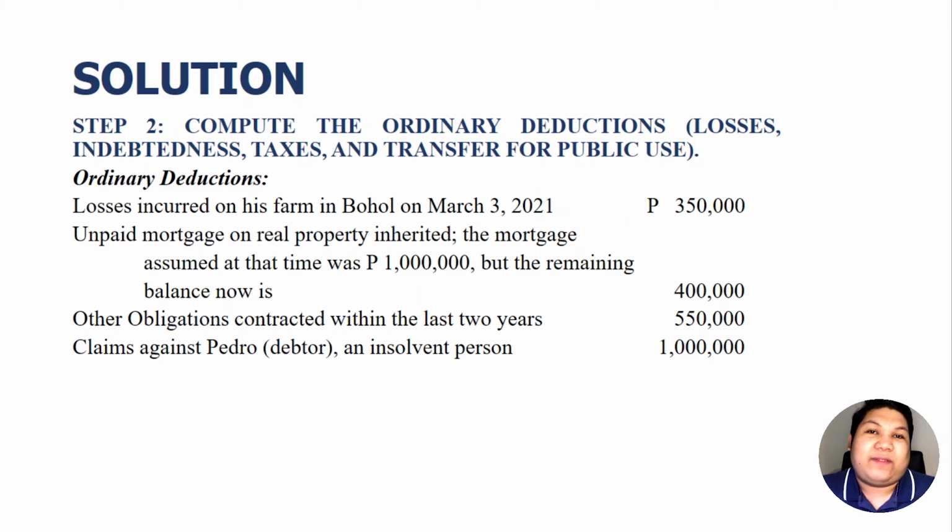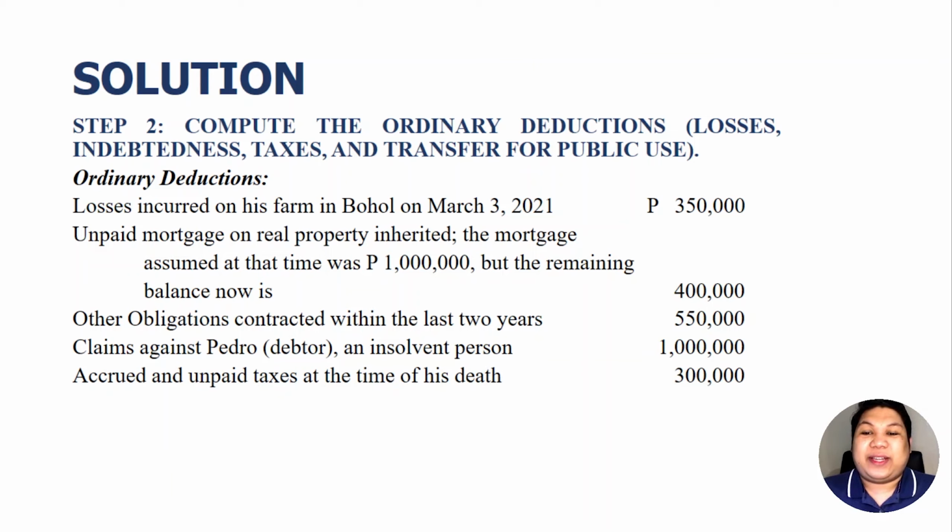Pedro is insolvent already. Though it is a receivable, the right still exists. The right is still exercisable upon death of Juan, but Pedro is now insolvent. Therefore, there is no sense of taxing this 1 million pesos, hence deductible.